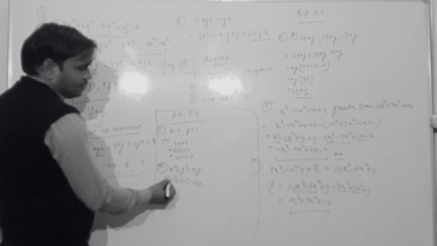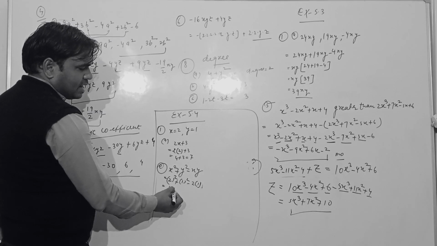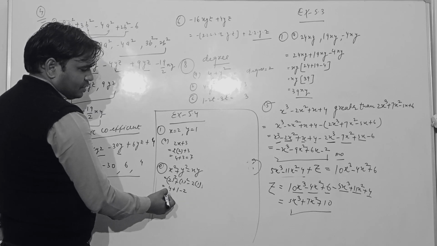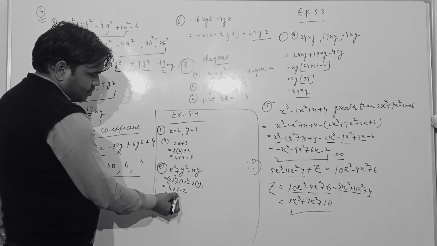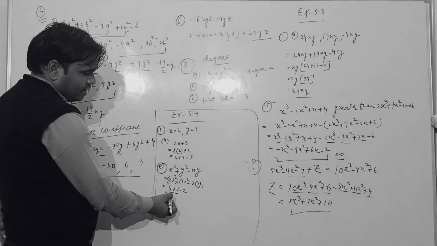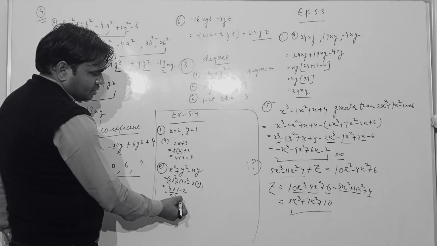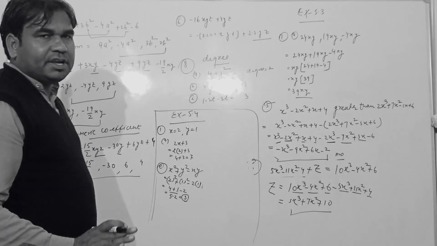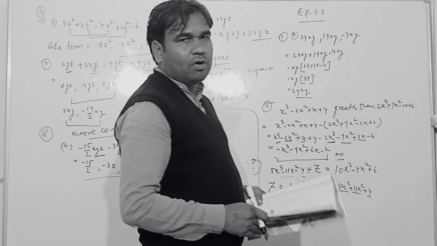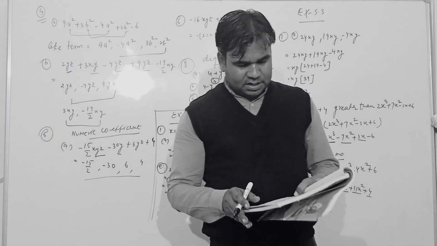So here you see 4 students and 1 minus 2. So here you can take 4 plus 1, 5 minus 2, it means to say 3. So in expression E, putting the values of x and y, we get 3.